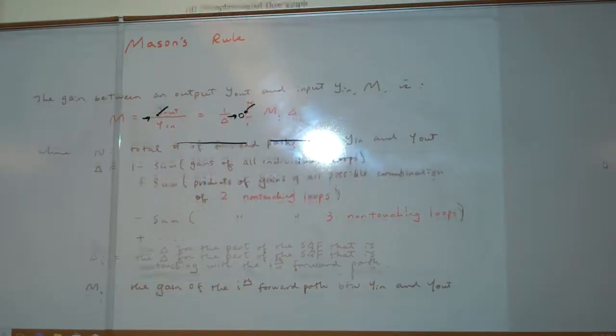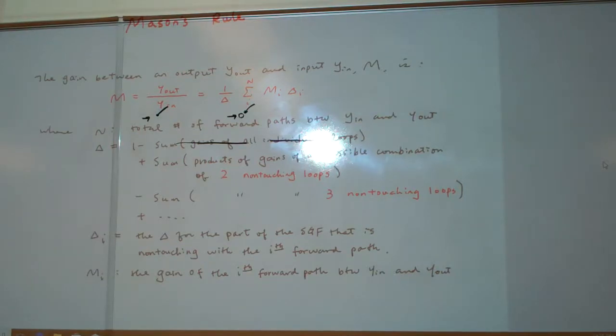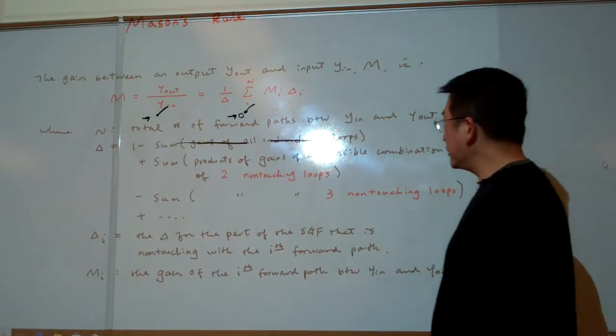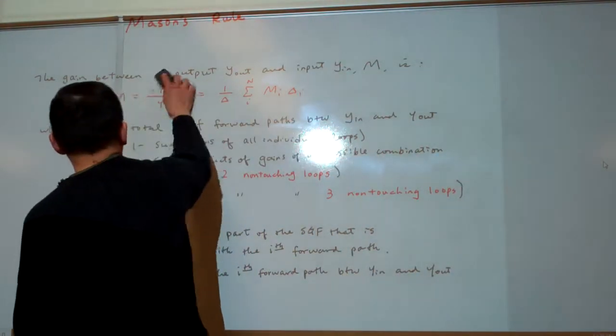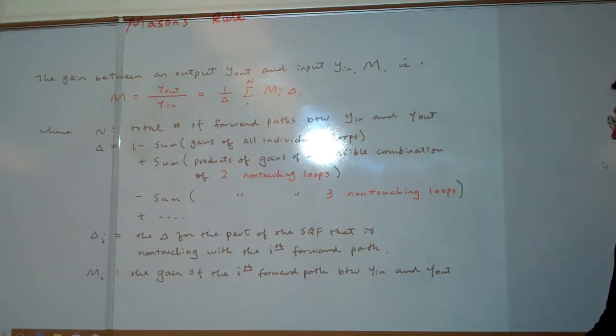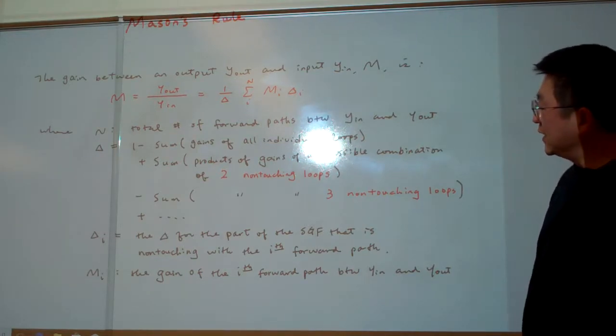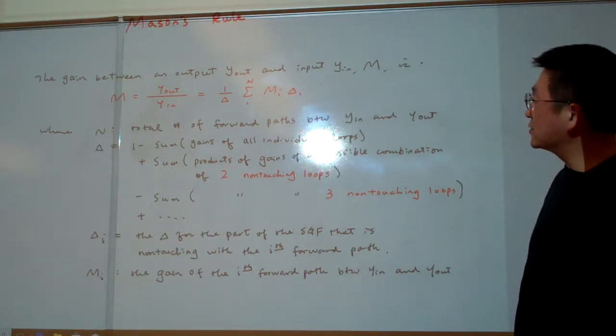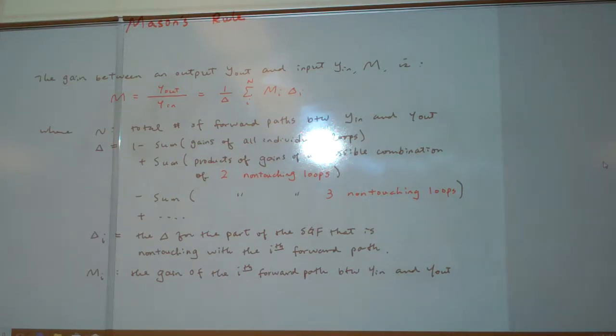So with those basic rules ready, I will introduce a very powerful formula, but in some ways this formula is sometimes a little bit tedious in applications. So I'm going to talk about this carefully. Let me take the screen down.